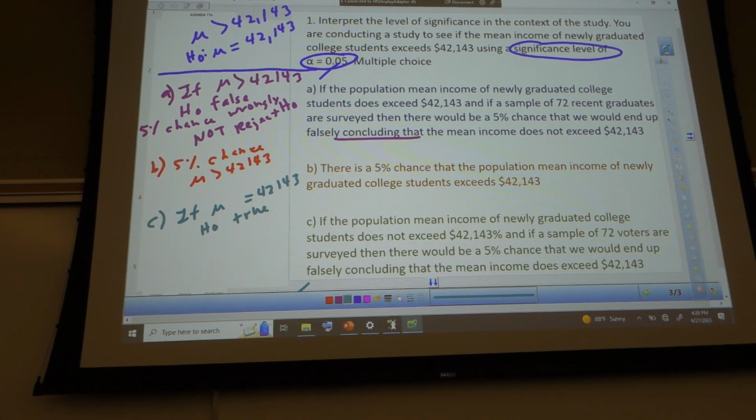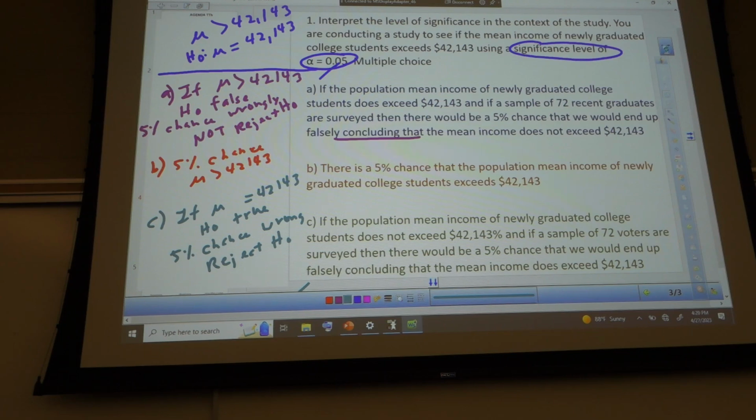That's kind of a lot to wrap our heads around. Then there's a 5% chance we would wrongly reject H naught. So the question to you folks, and I'd like you to take maybe a minute to check this over with your neighbors. Obviously A and B are errors.